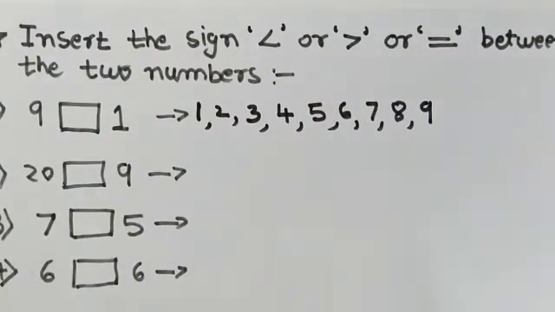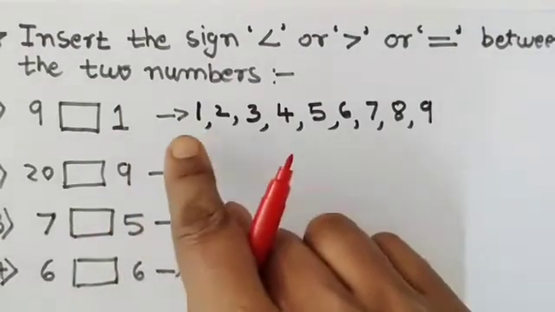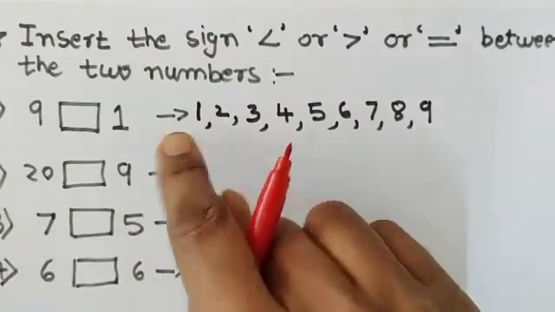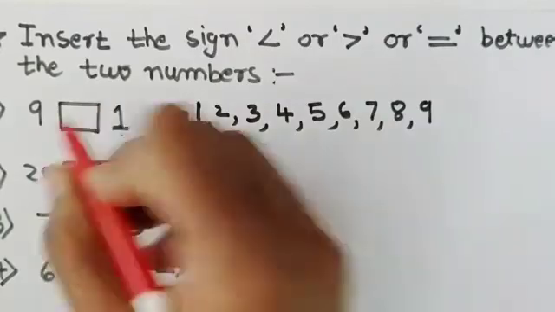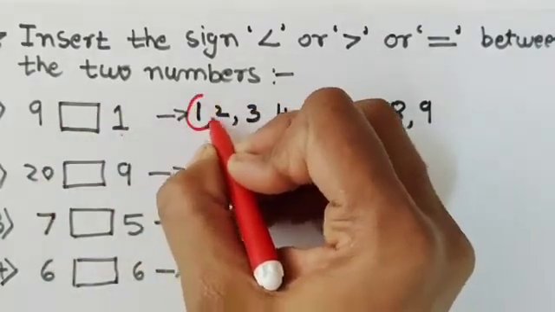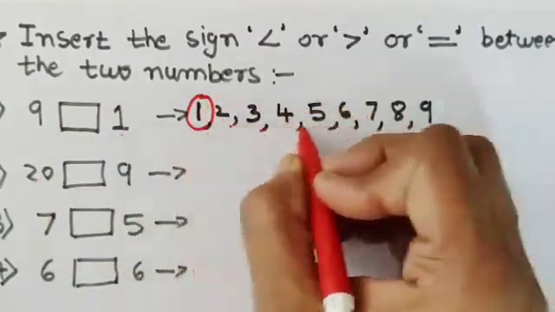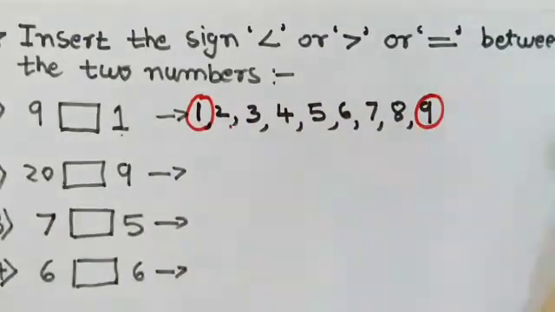So tell me children, now you all know how to find the greater and smaller number. So first what we have to do? We have to check which number comes before and which comes later. Here out of 1 and 9, 1 comes before 9.